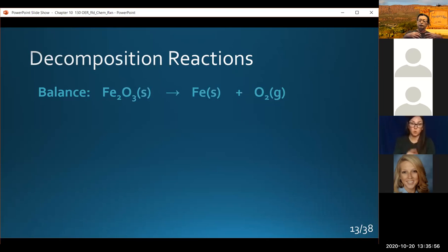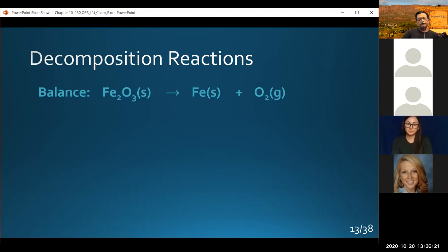Here we have an example of a decomposition reaction. This is iron(III) oxide, aka rust. We heat that up to a pretty high temperature, we drive oxygen away, and we create pure iron. So that's one means to isolate iron.